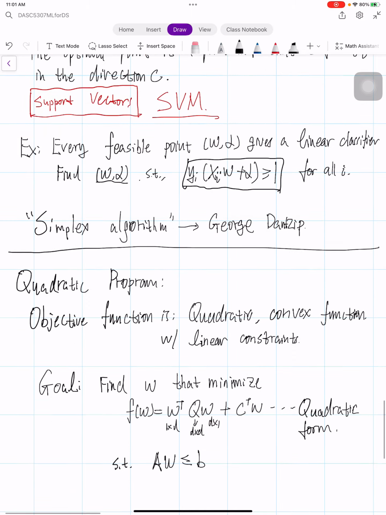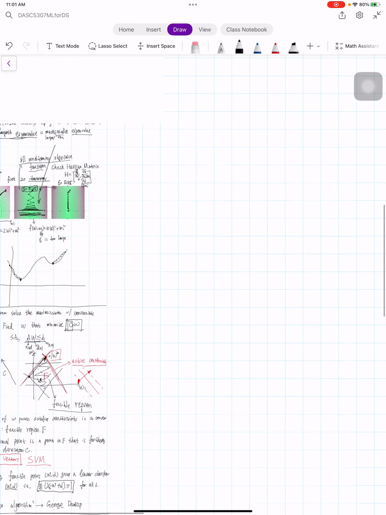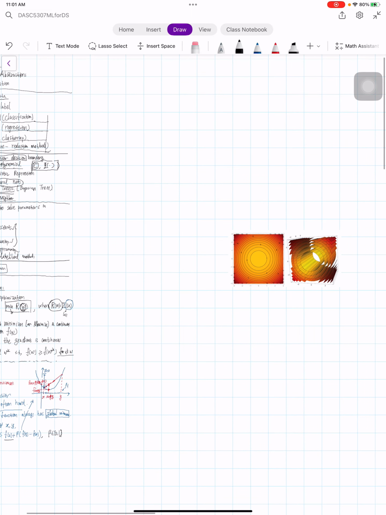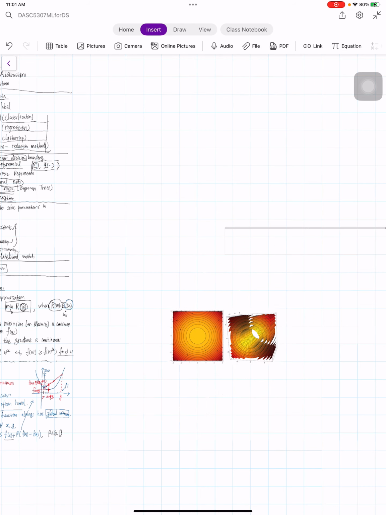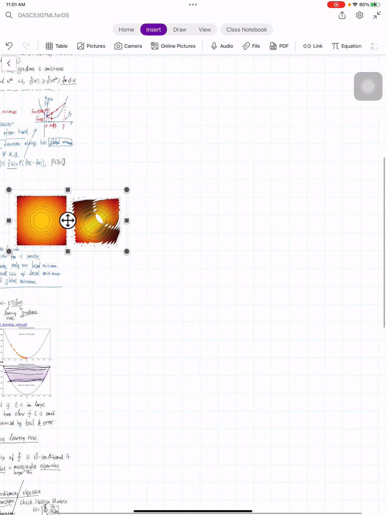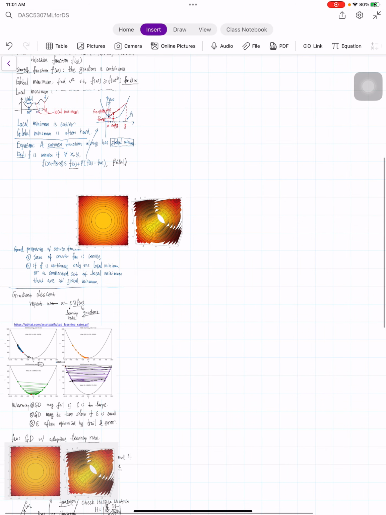Okay, so maybe I can give you one more example. The idea is very similar to linear programming, but now the objective function is always quadratic and convex.